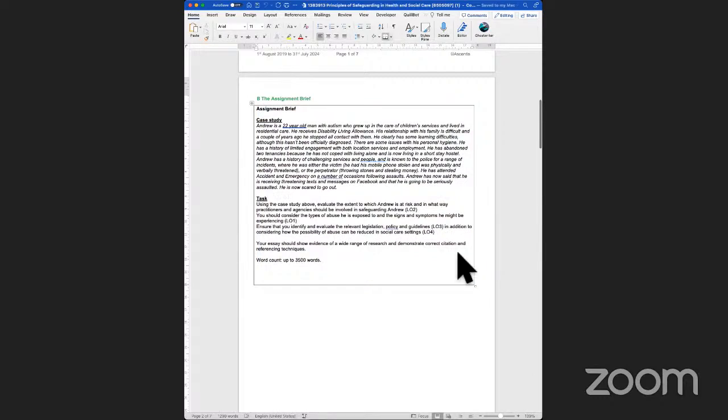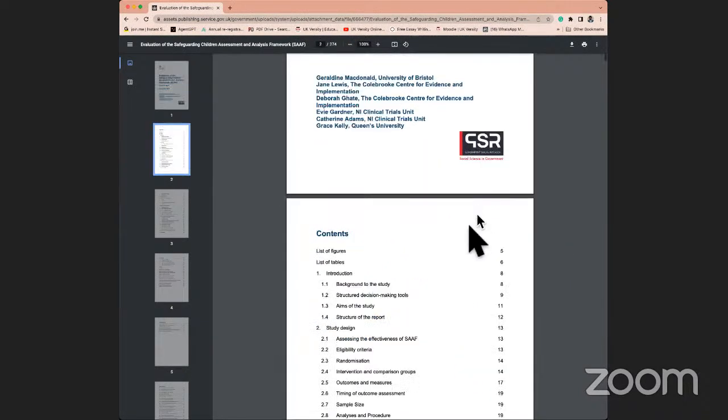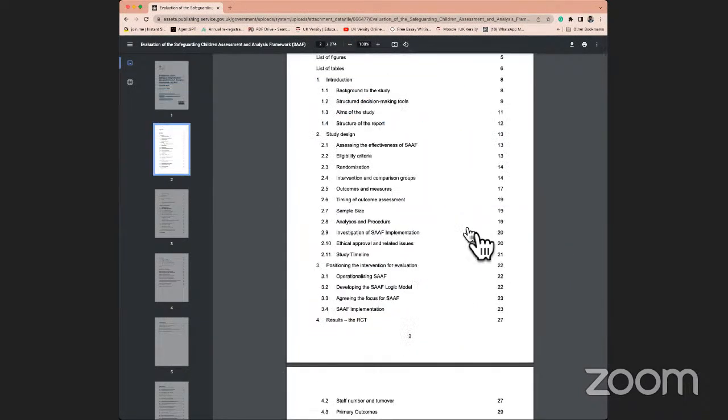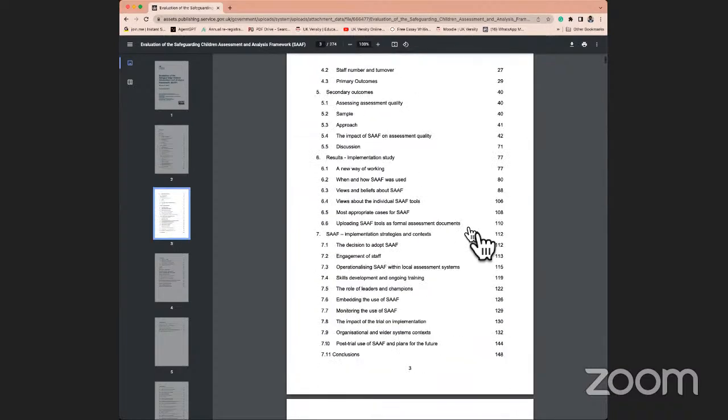So this is the framework document. It's a very big document. I don't want you to go through all the details, but some relevant sections in terms of how we ensure the risk is minimized by implementing the safeguarding policy within an organization.